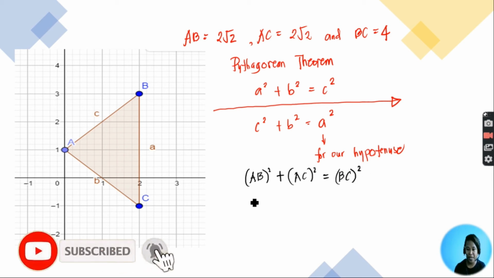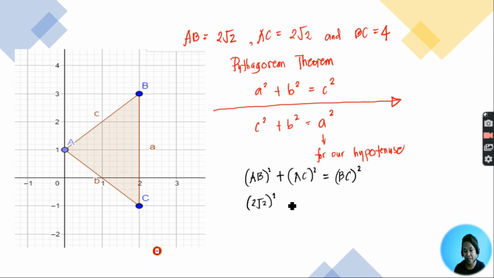So AB is equal to 2 square root of 2 squared plus AC, same 2 square root of 2 squared, and BC is equal to 4 squared. So 2 square root of 2 squared is 8 plus 2 square root of 2 squared is also 8 and 4 squared is equal to 16.